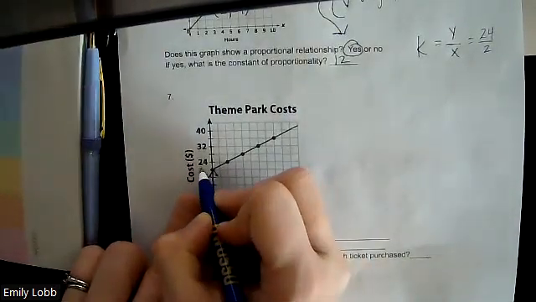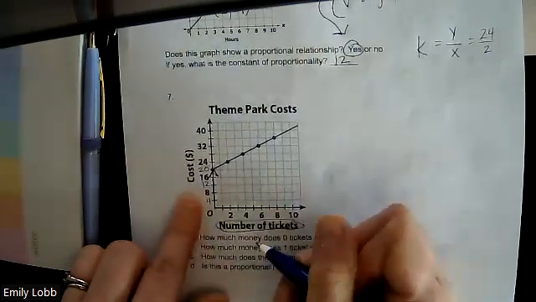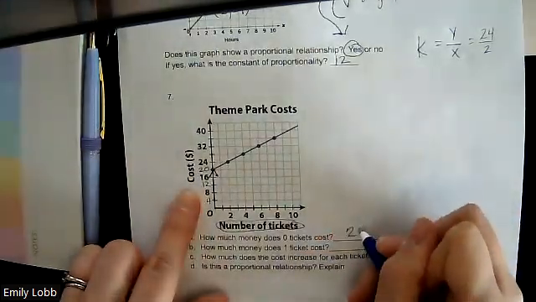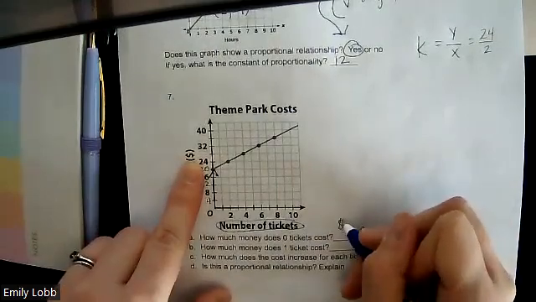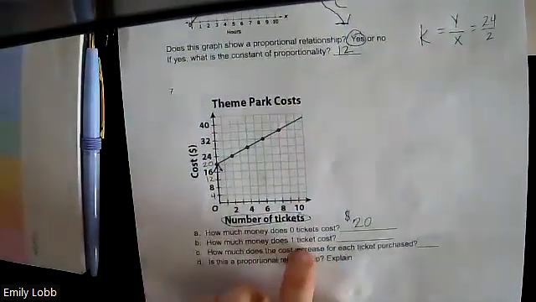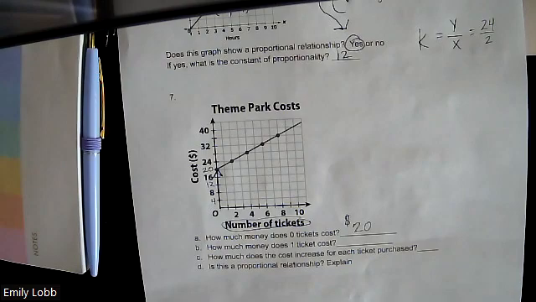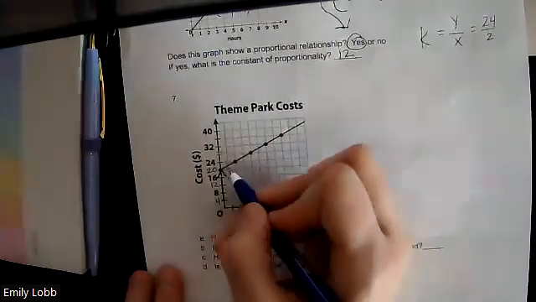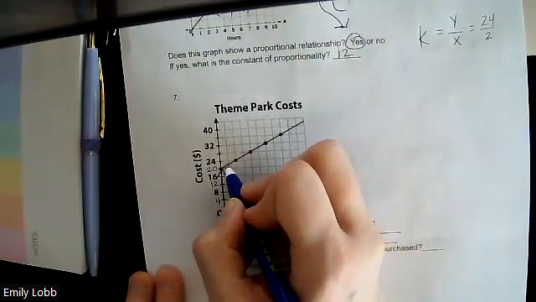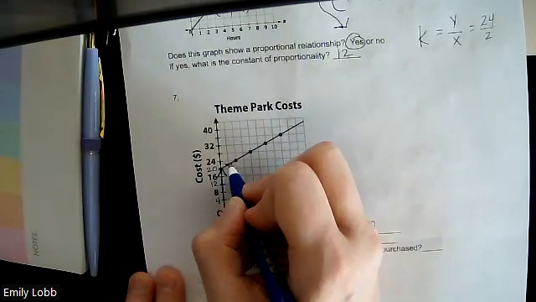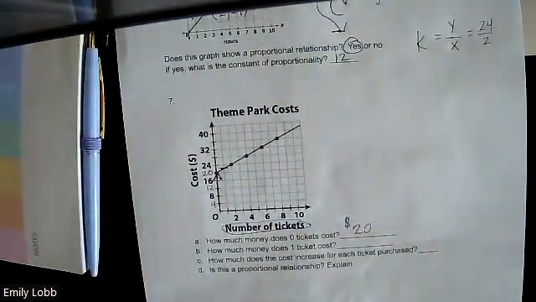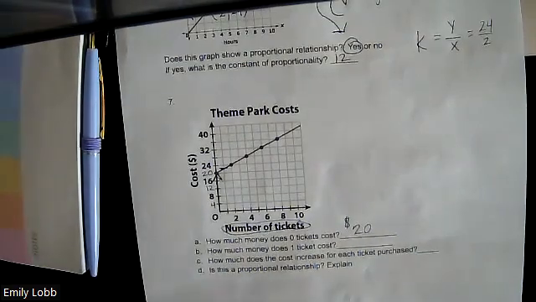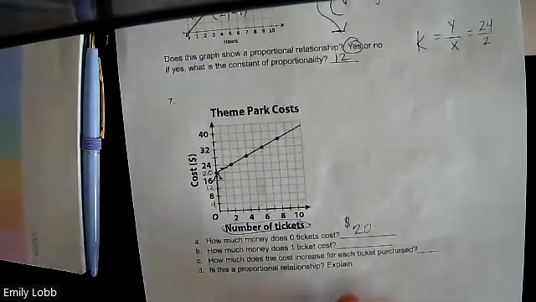Right? So this would be 20 what? Dollars? How much money does 1 ticket cost? It's right between, what's in between 20 and 24? $22.